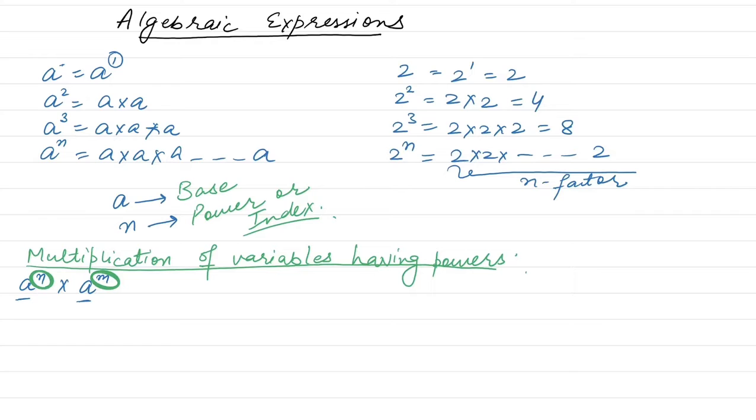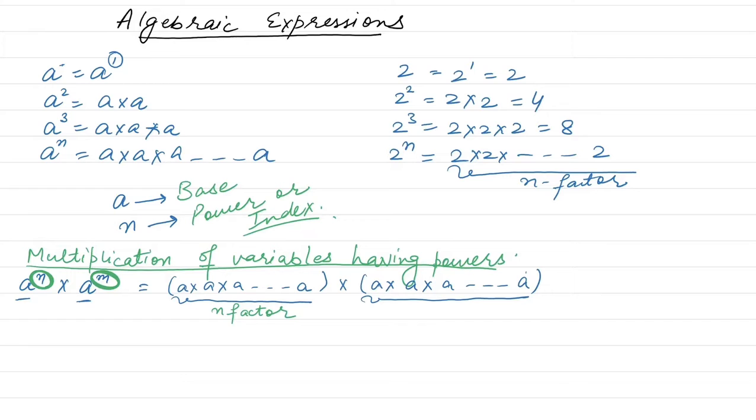So this can be written as a times a and so on up to a, as we have written a to the power n, and a times a times a and so on up to a. The first one is n factors because it's a to the power n, and the second one is m factors because that is a to the power m.